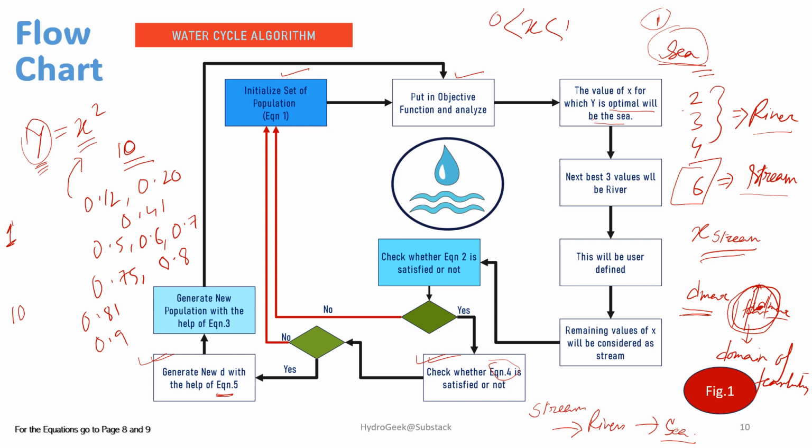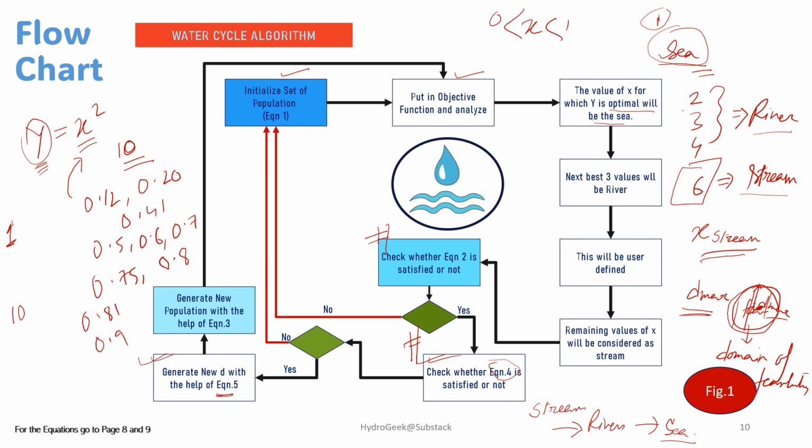And what happens if any of these two conditions, this one and this one, is violated or not satisfied? If any one of them is not satisfied, we again go to step 1. Initialize a set of population, a randomly generated population, and then we repeat this. So you can understand the logic behind these two conditions. These two conditions are extremely important because they prevent the algorithm from falling into local minima.